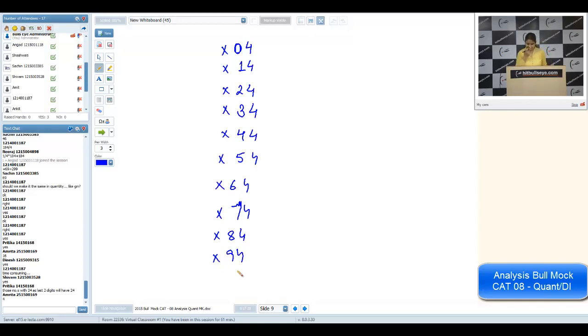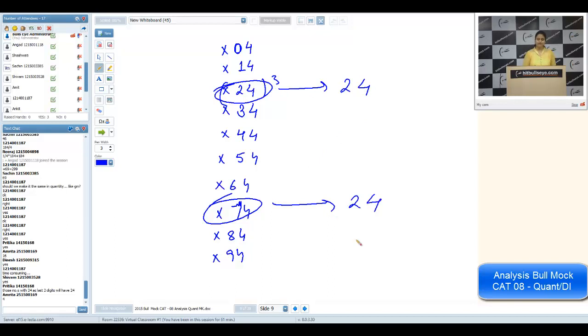Now it was a calculative part. See, in case of 24 and 74 only, if I take its cube, it will end in 24. In any of the other cases, see, in the first case, easy it was, it will end in 64. So we will not take these cases, so we are left with these two cases.